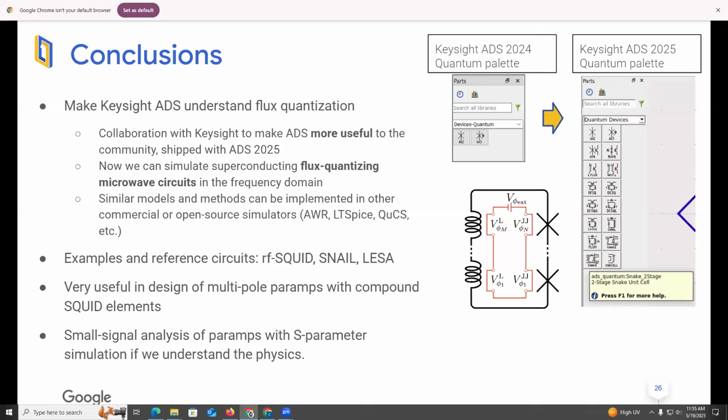So to me, it comes down to complexity. And I think JPAs have good performance in terms of noise. They're rather simple to build. We can understand a lot about them just from a microwave engineering point of view. And we really don't need that much more bandwidth. So to me, that means it's a good trade.